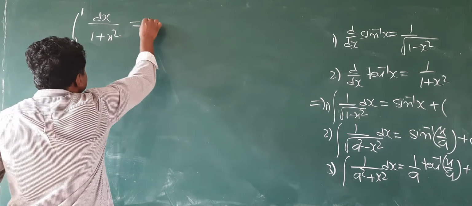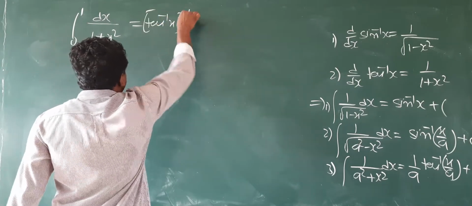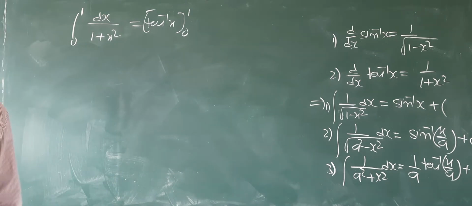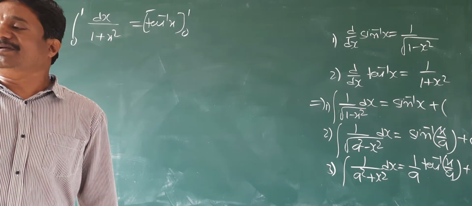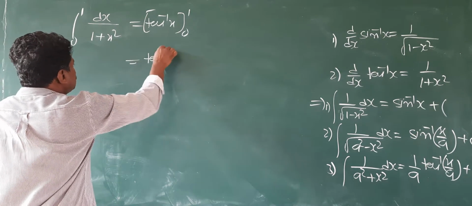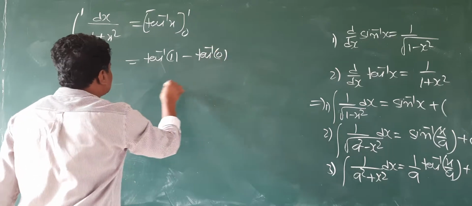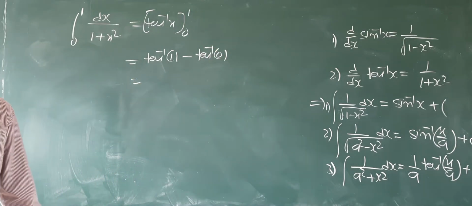Limits are from 0 to 1, upper limit minus lower limit. So tan inverse 1 minus tan inverse 0.